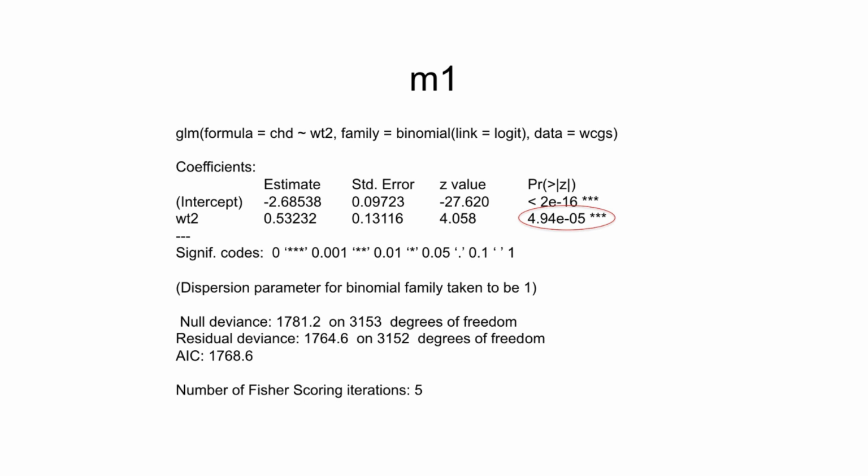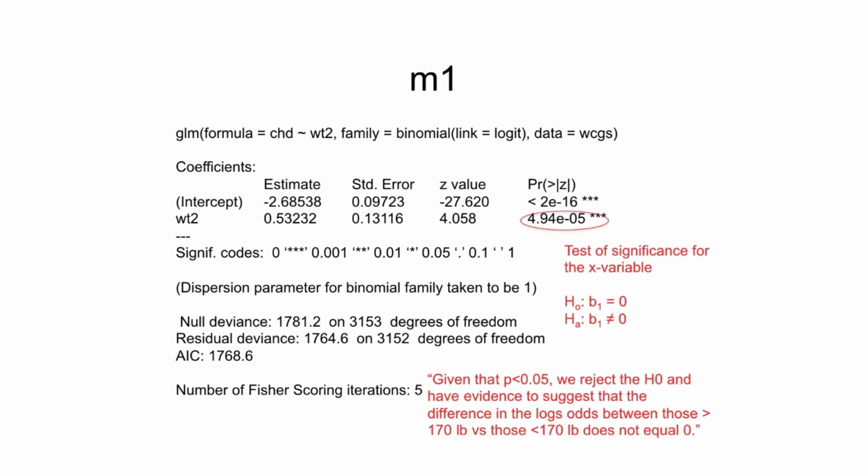What does the p-value associated with the weight coefficient tell us? Like with linear regression, this is a test of significance for the x variable. The null hypothesis is that the difference in the log odds of CHD between those greater than 170 pounds versus those less than 170 pounds equals 0.